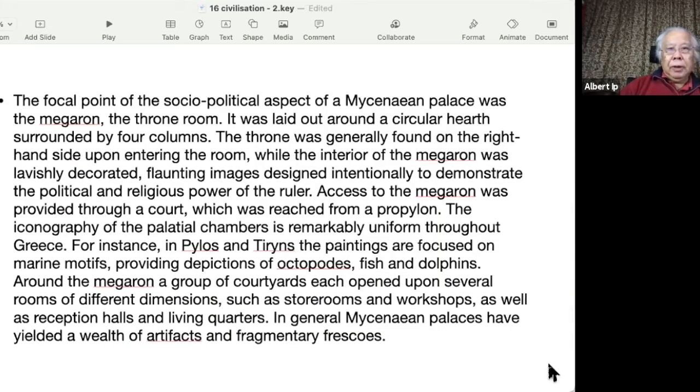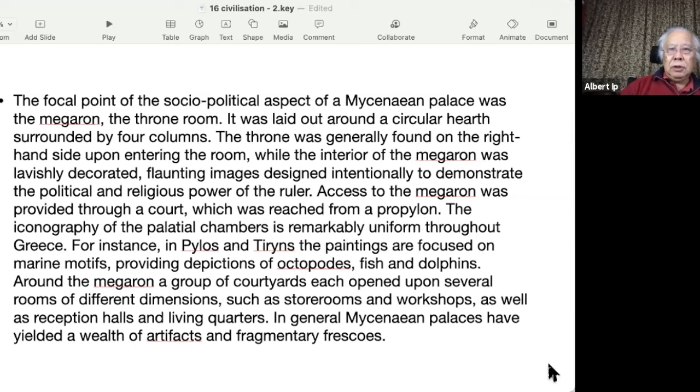The whole focal point of the social and political aspect of the palace was the Megaron, or the throne room. I think that is where the king, or whoever it was, would be. It's laid out around a circular hearth surrounded by 4 columns.